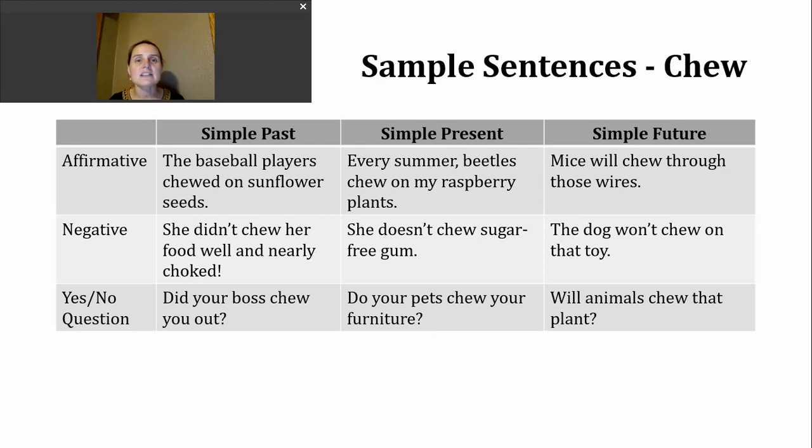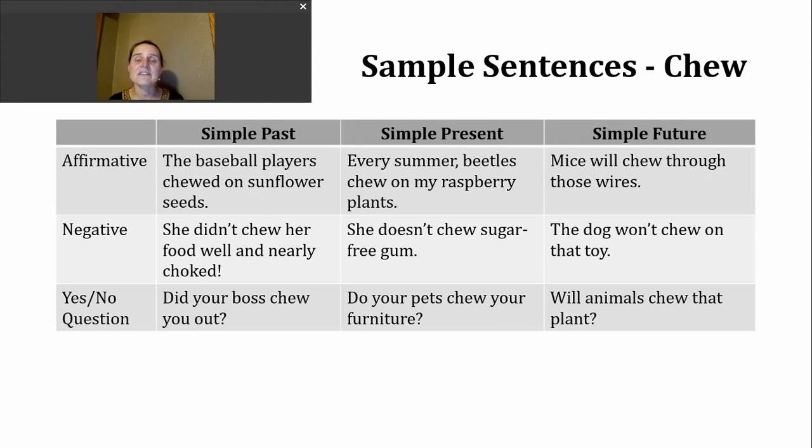If my subject is he, she, or it, then I want to add an S to the verb. Let's take a look at an affirmative example. Every summer, beetles chew on my raspberry plants.